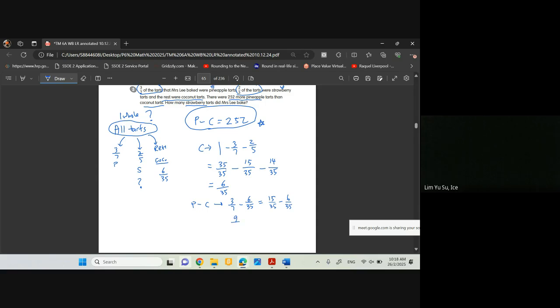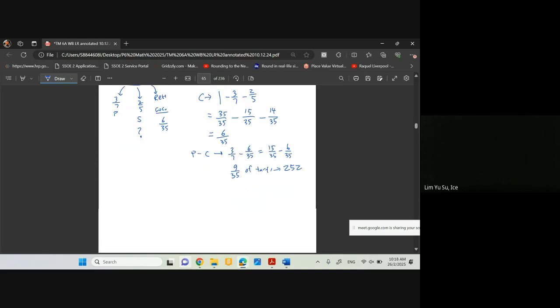So 9 out of 35 units of the parts is 252. So it's back to the unitary idea. So I can find 1 out of 35: 252 divided by 9.